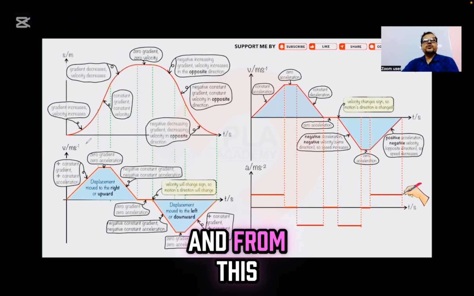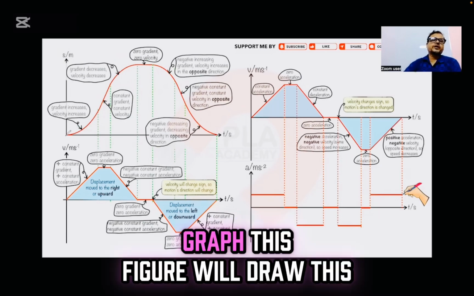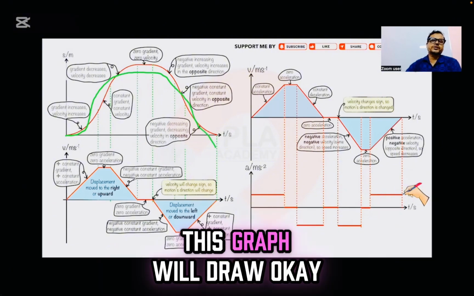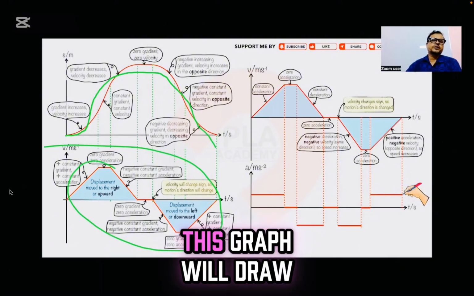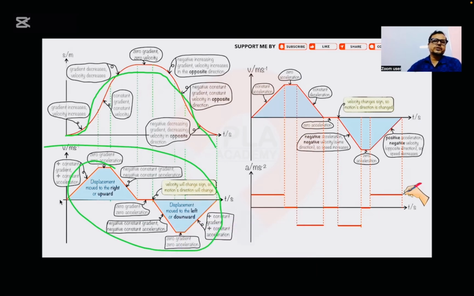From this figure, we will draw this graph. Okay, this graph we will draw. Clear?